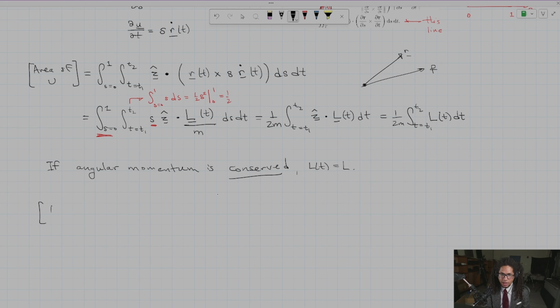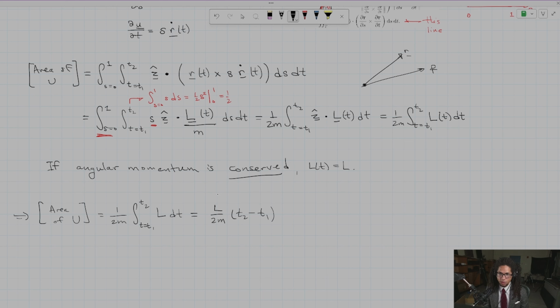So that would imply that the area of U is equal to 1 over 2m times the integral from t1 to t2 of just a constant L dt. But now I'm just taking the integral of a constant. So this is just going to give me L over 2m times let me say T2 minus T1.